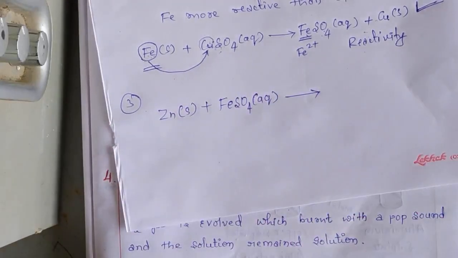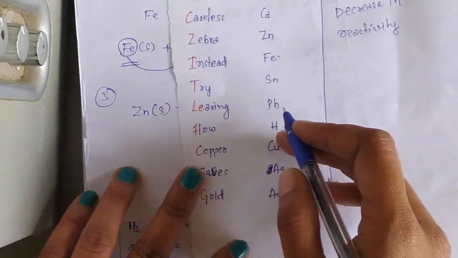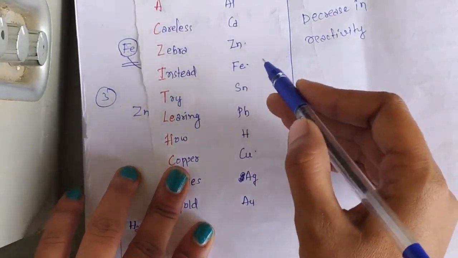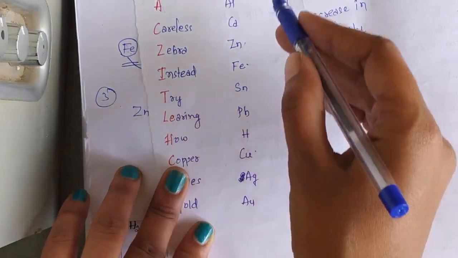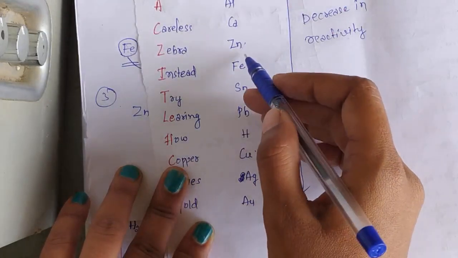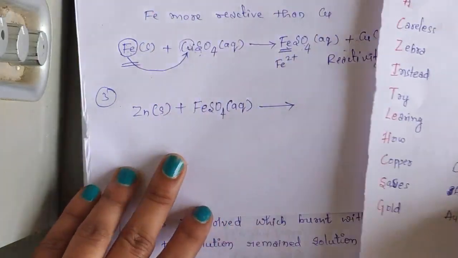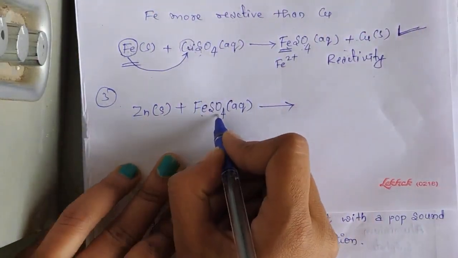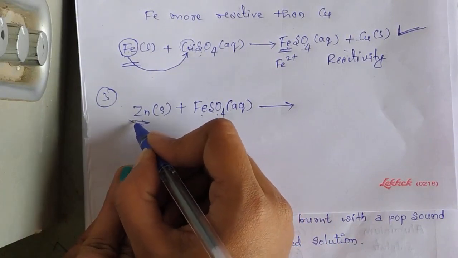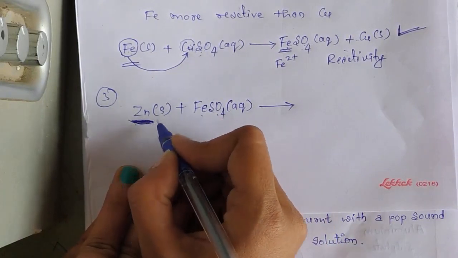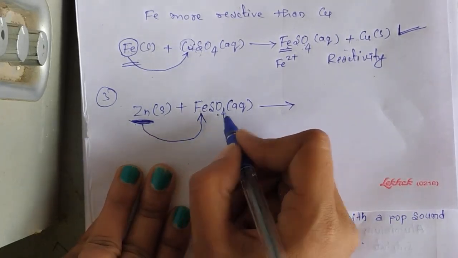Children, once again you see the reactivity series. See the position of zinc and iron. Zinc is here and iron is present below the zinc in the reactivity series. Therefore, zinc is more reactive than iron. So whenever we place the ferrous sulfate solution in a zinc container, the zinc of the container will displace the iron from the ferrous sulfate solution.